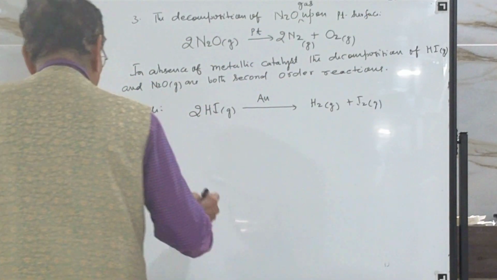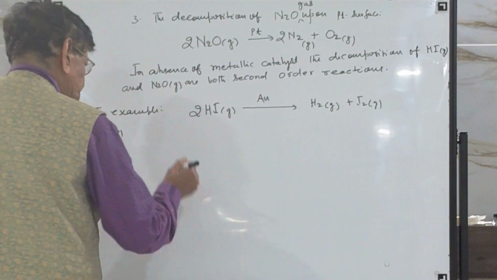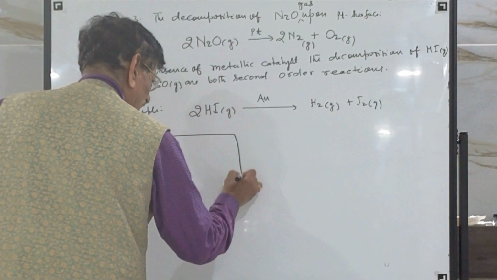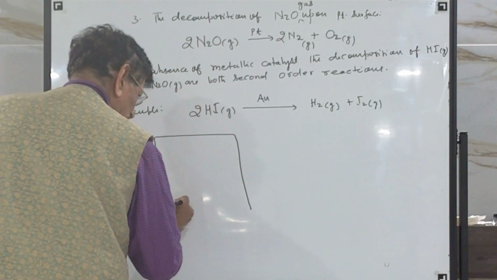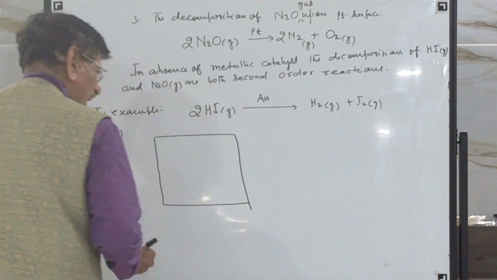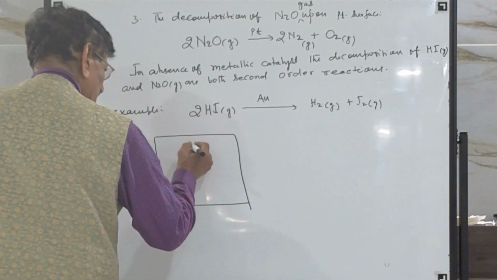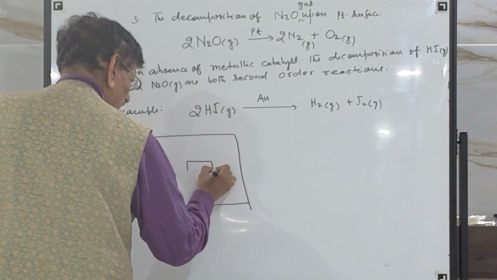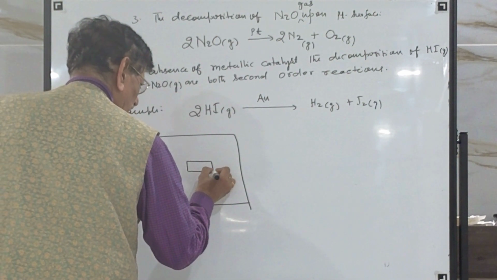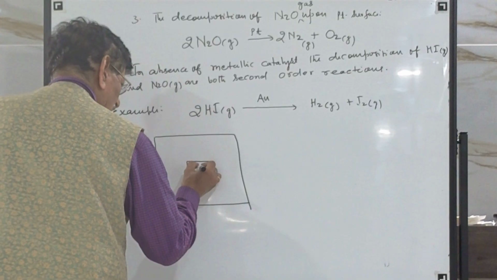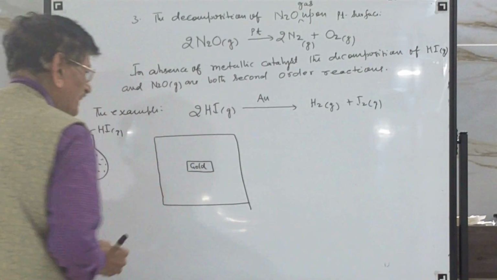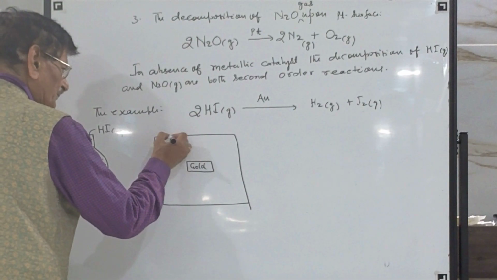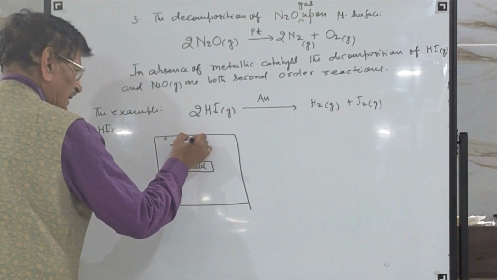What is the reason? Just see. Suppose this is the reaction container, and this is a gold plate. Now, HI gas is filled in it.